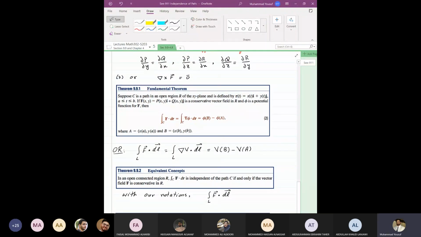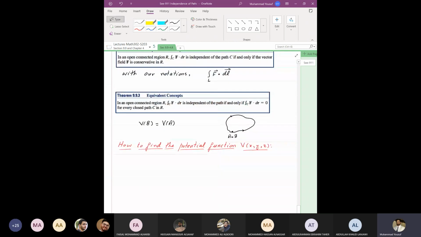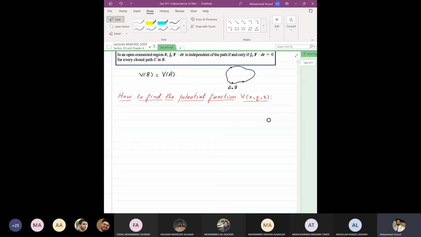We can evaluate this integral using the potential function V. And if F is conservative, we also say that the integral is independent of path. If the curve is closed, then the integral will be 0. Okay, fine.